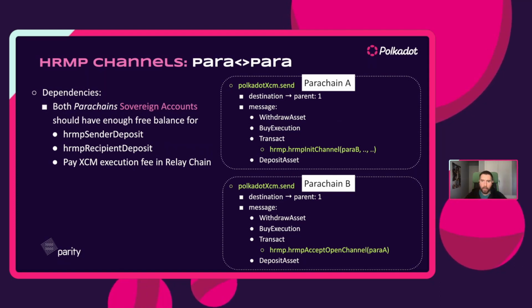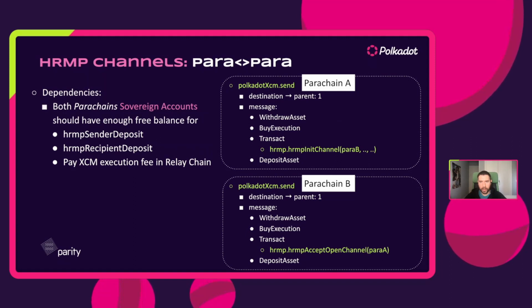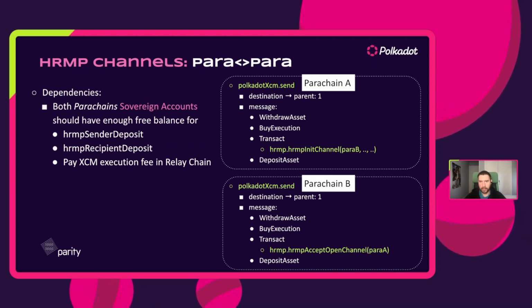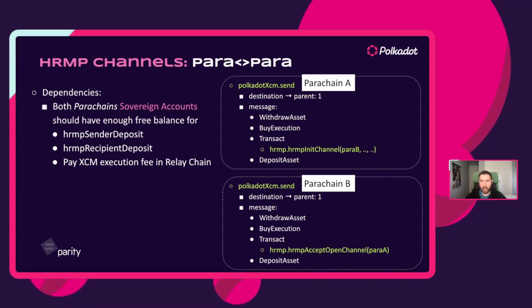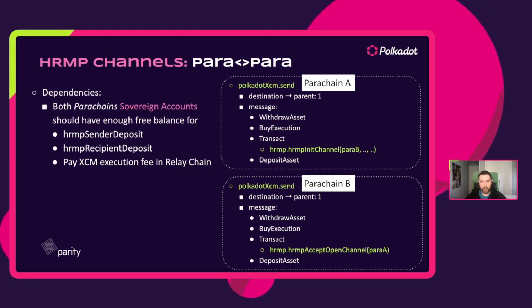If you remember, it's done with XCM messages from each parachain. So parachain A will initiate the request for opening a channel, and parachain B will accept the request. Remember that if we want bidirectional communication, this process will have to happen the other way around.